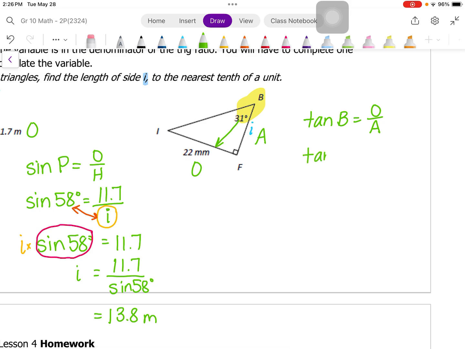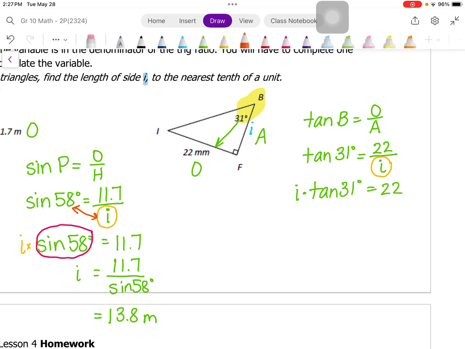Angle B is equal to 31 degrees. The opposite is 22, and the adjacent, we don't know, that's the I that we want to solve for. So once again, we're going to multiply the I up through to the other side. So I times the tan of 31 degrees is equal to 22.